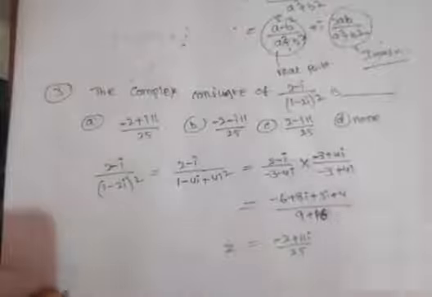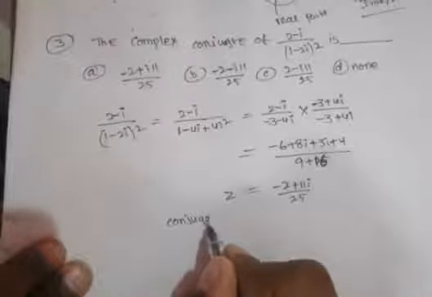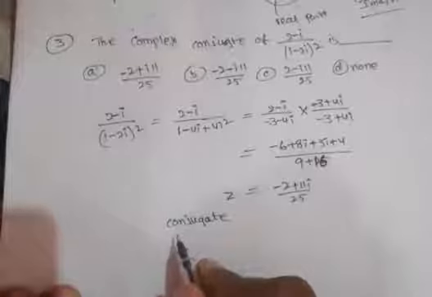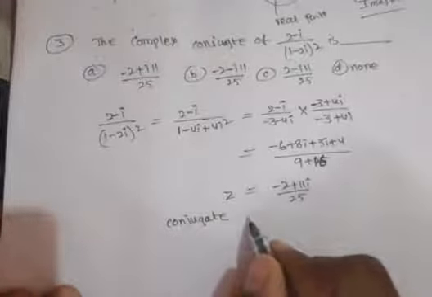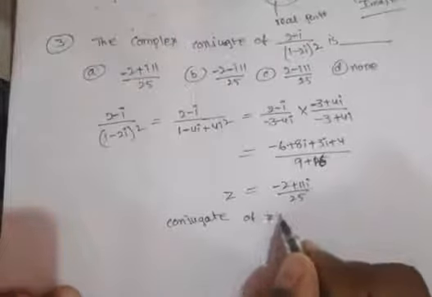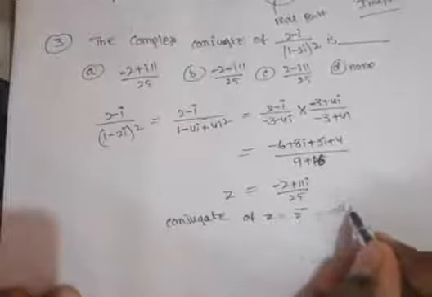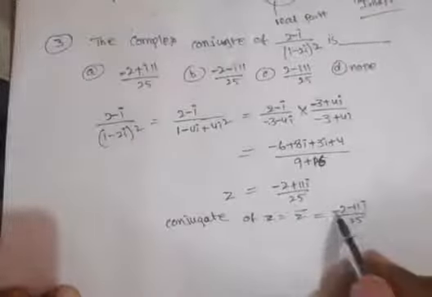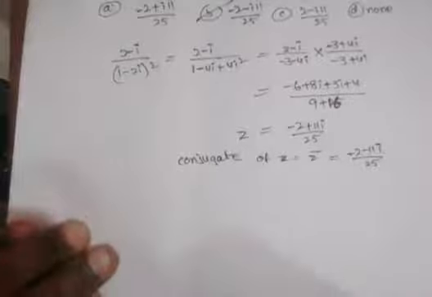This is the z value. Till now I am simplifying. Now you can find the conjugate. Conjugate of z is z bar, where i is replaced by minus i, so minus 2 minus 11i by 25. Option B is the correct answer.